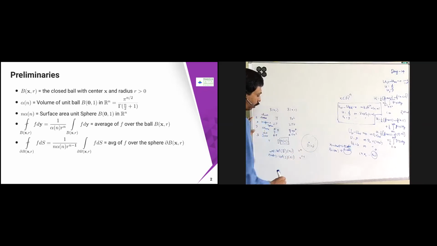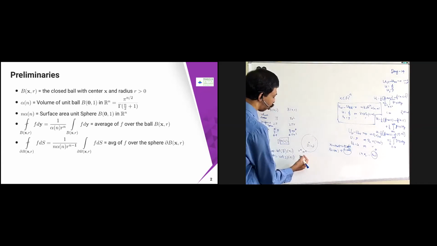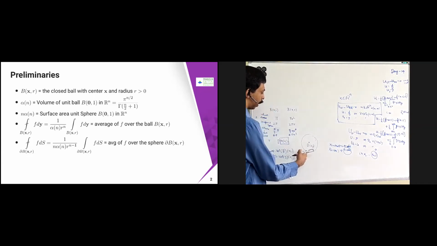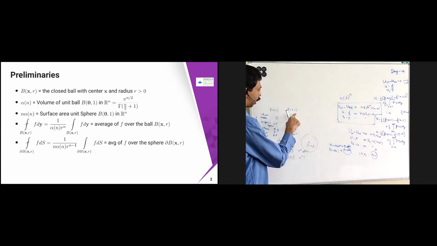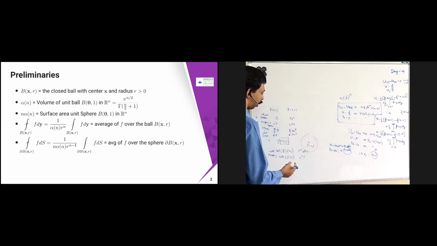Okay. In general, if alpha n denotes the volume of a unit ball in n dimensions, then r power n into alpha n is going to be the volume of the ball B of x, with center at x and radius r. Similarly, n alpha n is going to be the surface area.